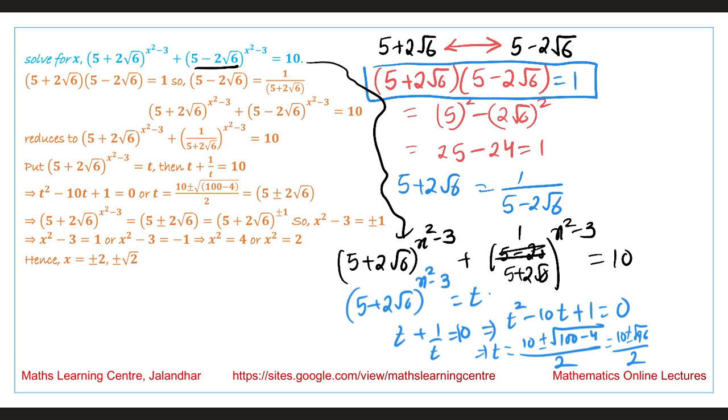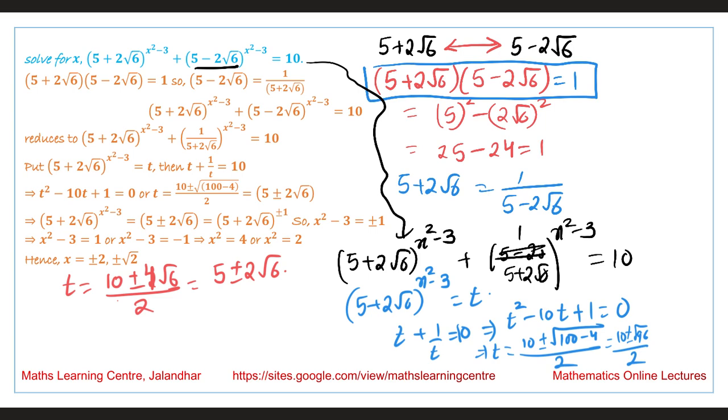The value of root 96 is not 2 root 6, it will be 4 root 6, divided by 2. So the value of t that we have is equal to 5 plus minus 2 root 6.